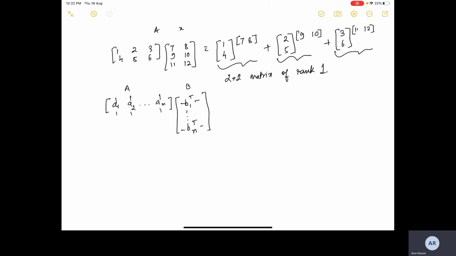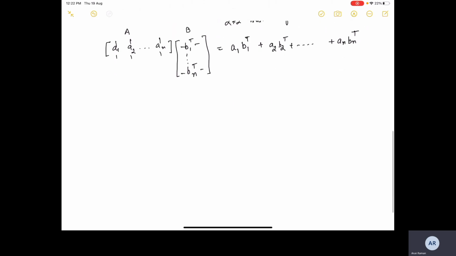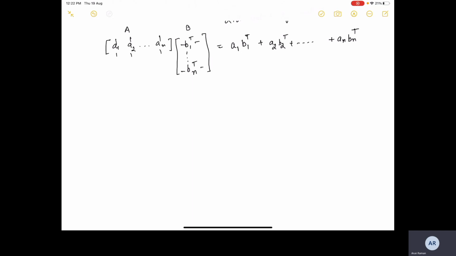Based on the example that we have seen, we can decompose the result of the matrix multiplication in the following form: A1 B1 transpose plus A2 B2 transpose and so on up to An Bn transpose. Such a representation of matrix multiplication enables an easy way of looking at the whole sampling procedure. So here we have n terms.